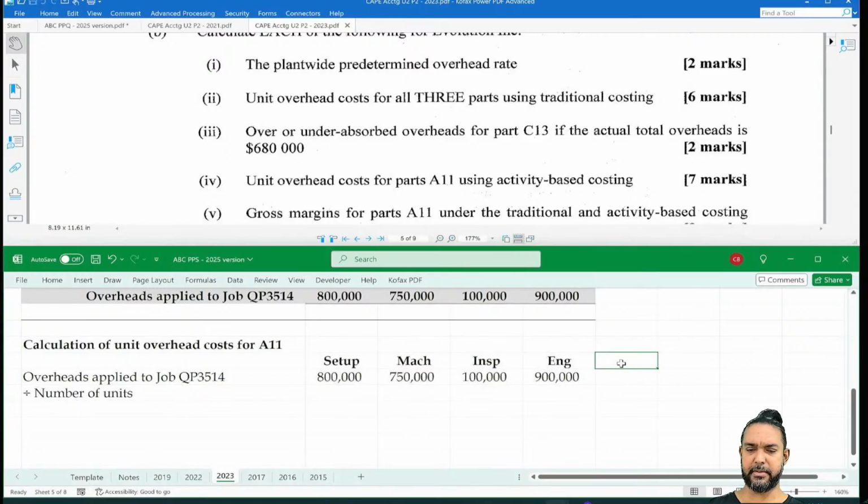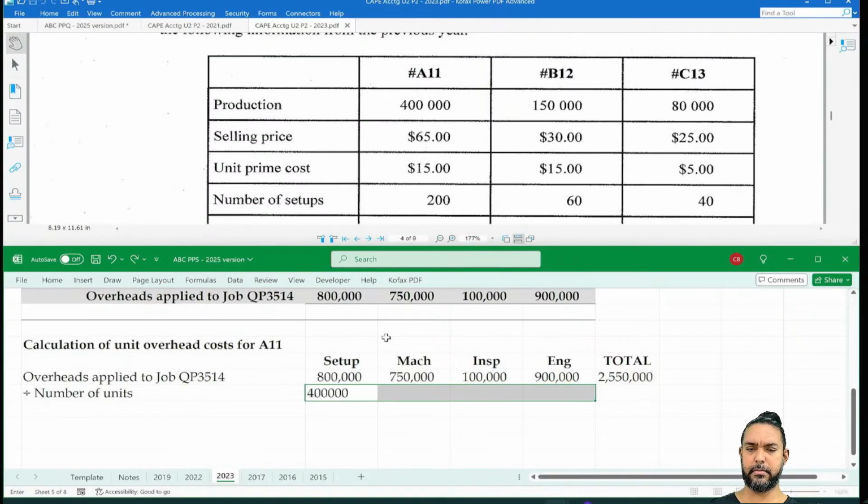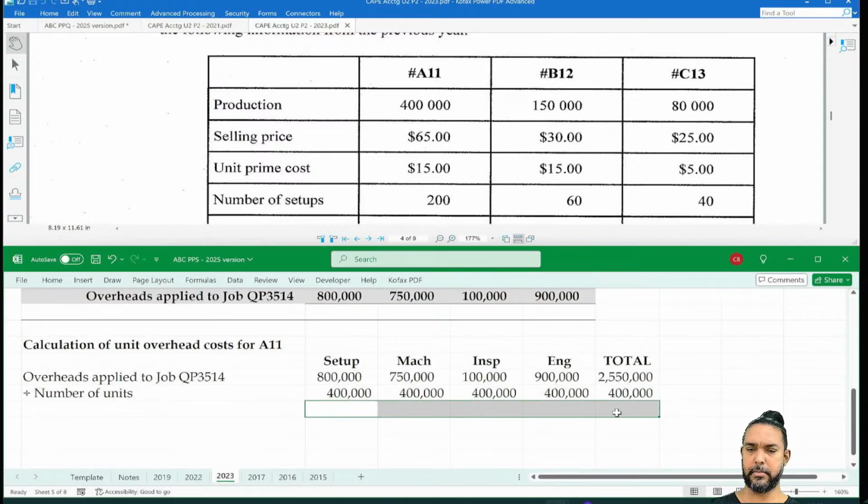Yeah, I think 10 is better. Right, 400,000, right? All we're doing is dividing.